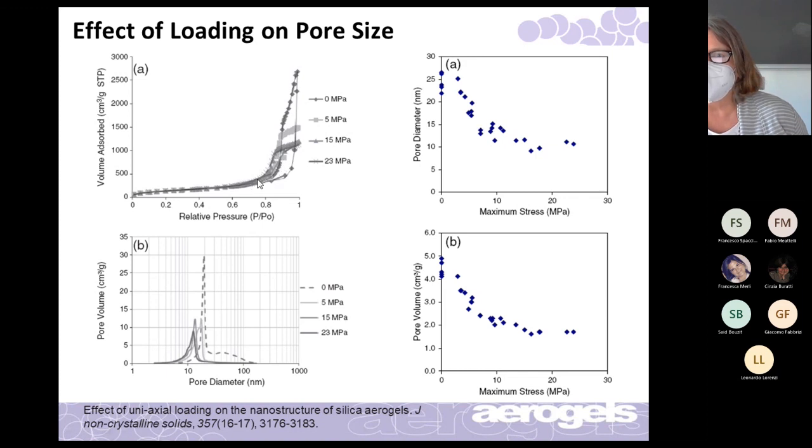The location of the hysteresis, the closer to saturation, the bigger the pore size. And so you can see as we crush it, this hysteresis is moving to the left, which agrees with this plot, which shows that our pores are smaller. So you can understand that qualitatively from the isotherm data.